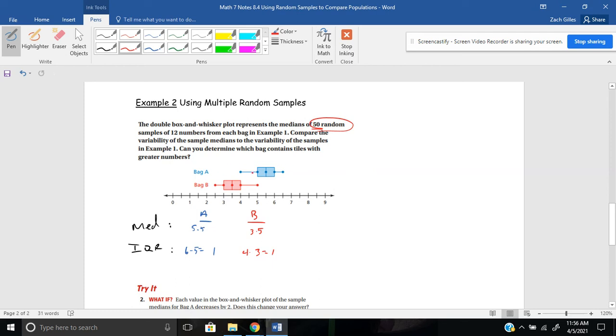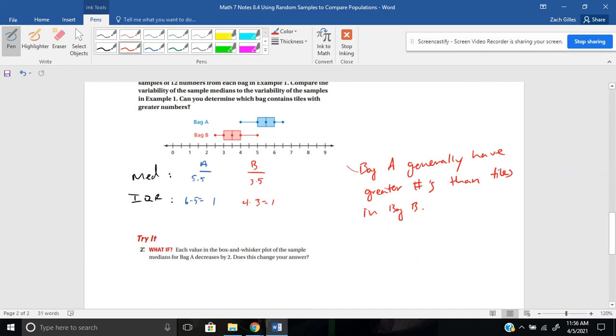So we can say this time for sure that bag A generally has the greater numbers. Let me just write that down. Than tiles in bag B. Okay.